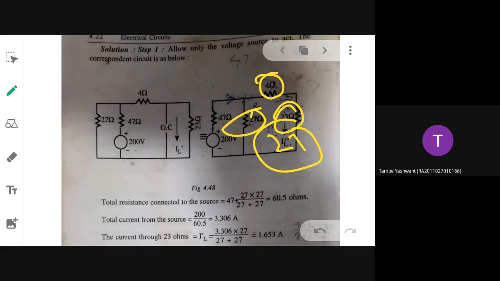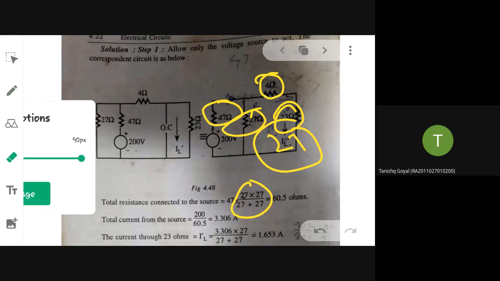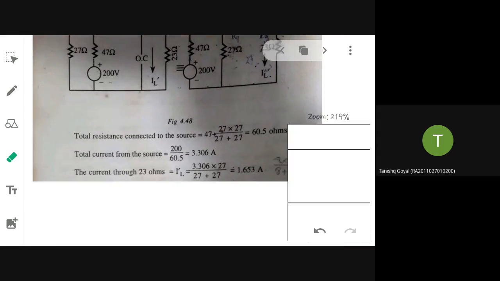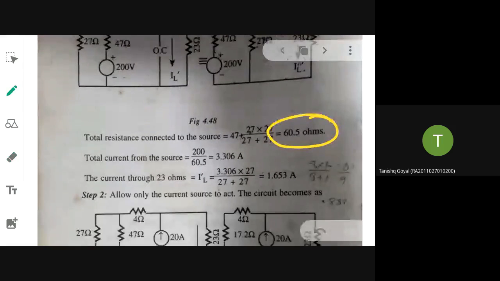So 27 into 27 divided by 27 plus 27, that is 13.5. Then that is connected in what manner with 47? Series. Okay, so this total resistance is found to be equivalent to what value? 60.5 ohms. Now you have found out R Thevenin.